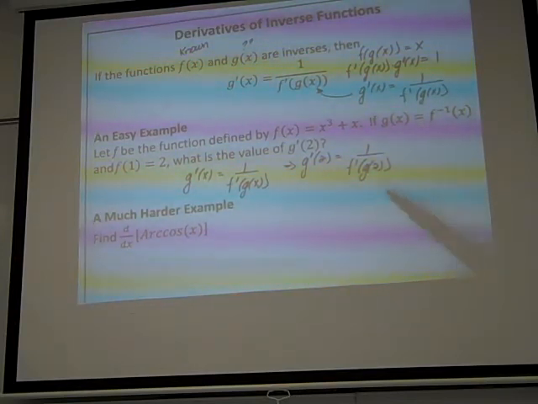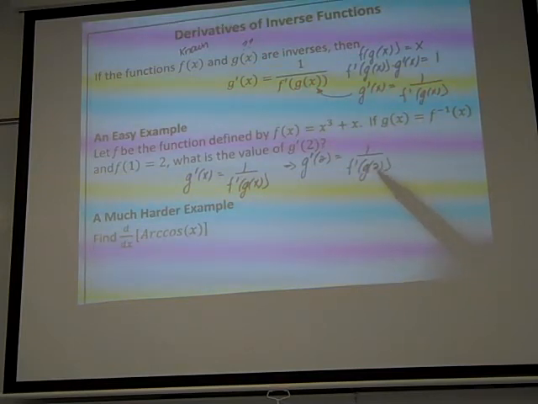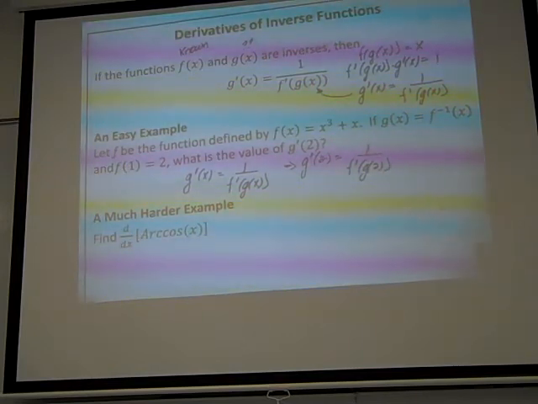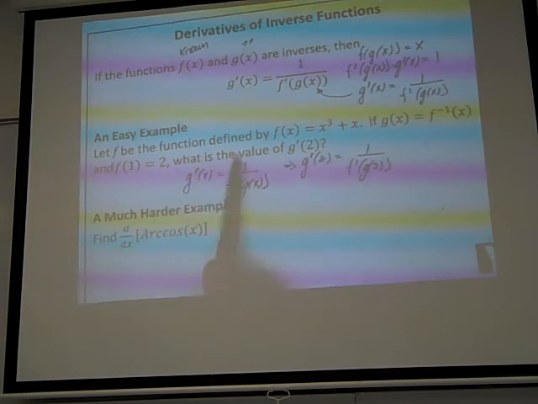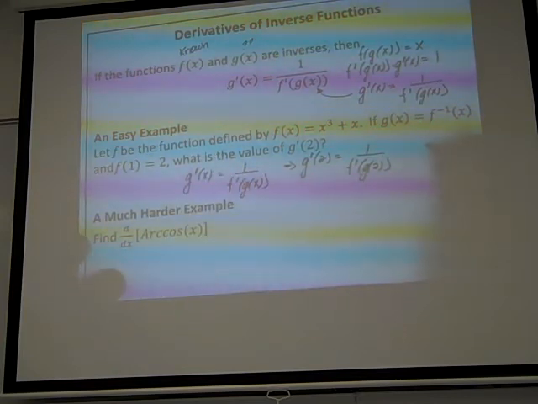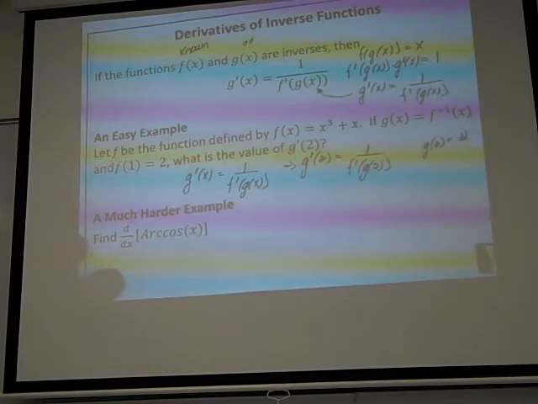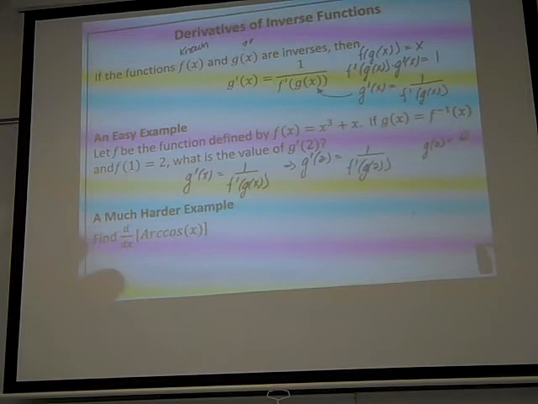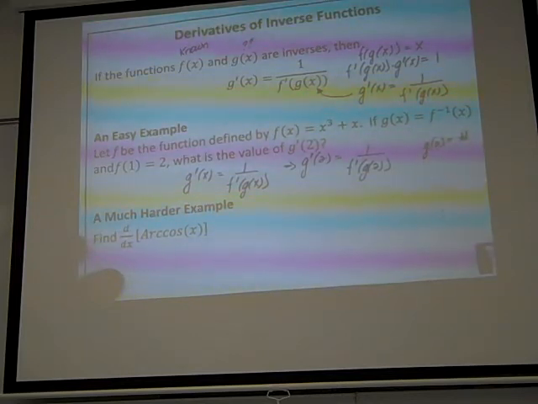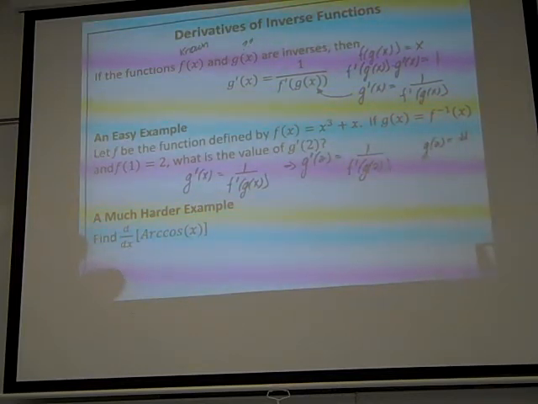In order to finish this off, I need to know what g of 2 is. But if I look at this problem, I don't actually see g of 2 equals some number written down somewhere. But if you pay attention to the fact that f and g are inverses, this is like algebra 2 information.